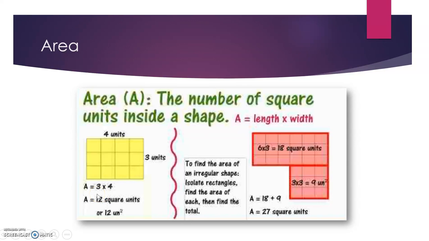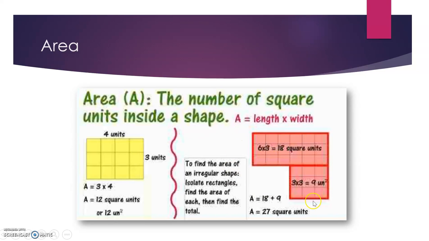Alternatively, if you count the number of squares inside of the rectangle, you should get the correct answer too. So you just count how many squares there are here. 1, 2, 3, 4, 5, 6, 7, 8, 9, 10, 11, 12. 12 square units, which is the area for this rectangle.